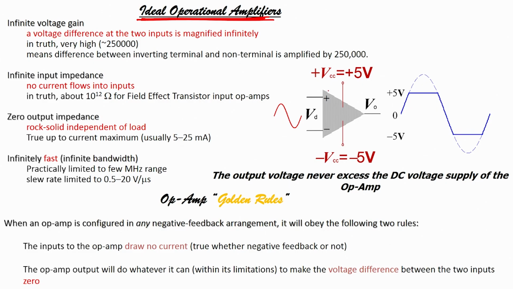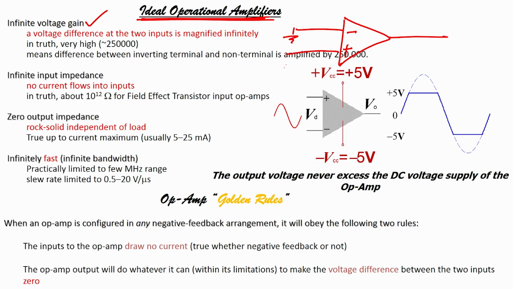First point is it has infinite voltage gain, and the voltage difference in the input is magnified infinitely. What does that mean? Infinite voltage gain means, suppose I have an op-amp with an inverting terminal and a non-inverting terminal, right.